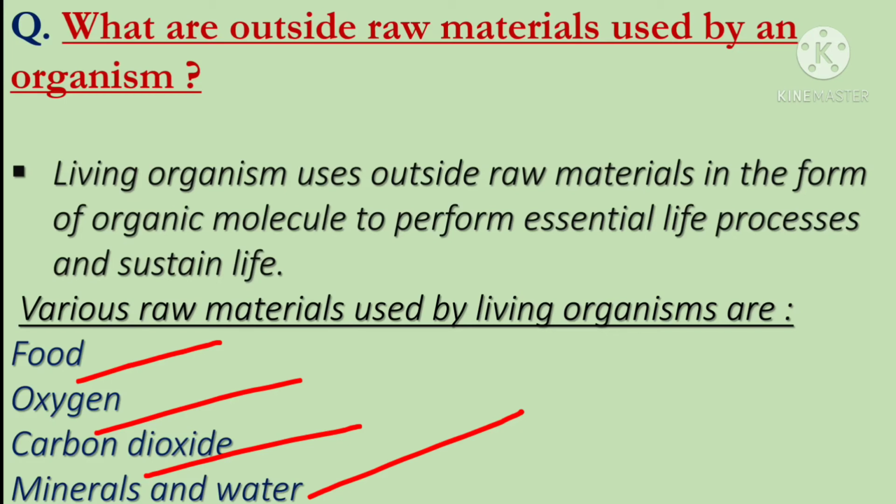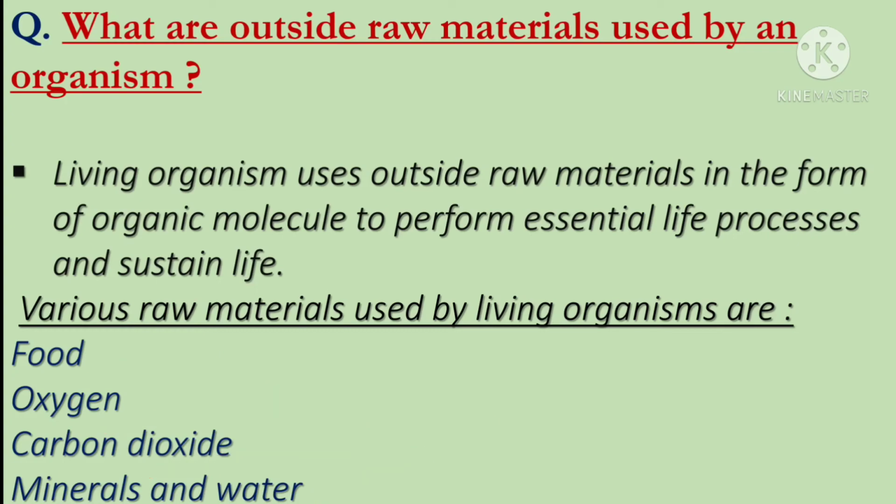Here, food and oxygen are mostly used by heterotrophic organisms, and carbon dioxide, minerals, and water are the materials used by autotrophic organisms, that is, plants.